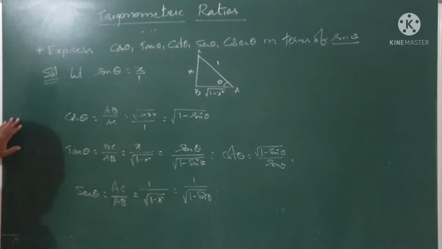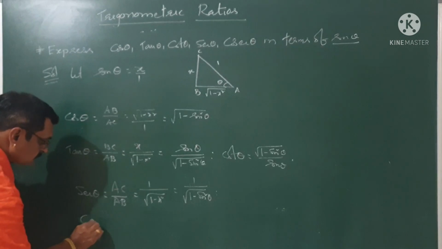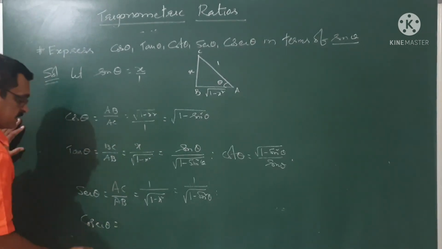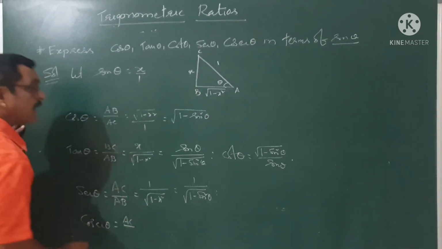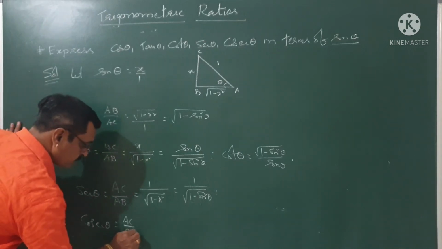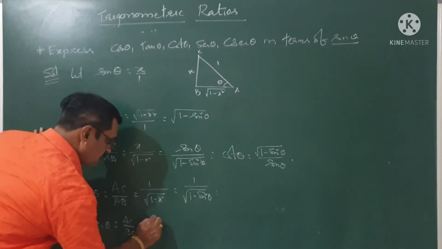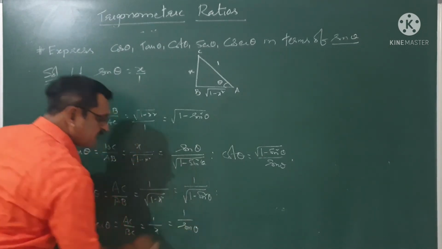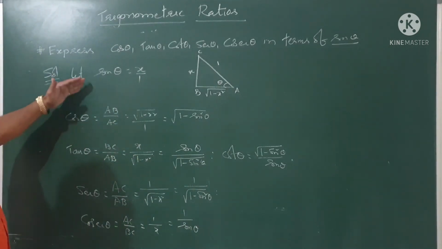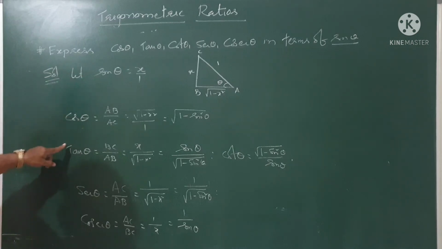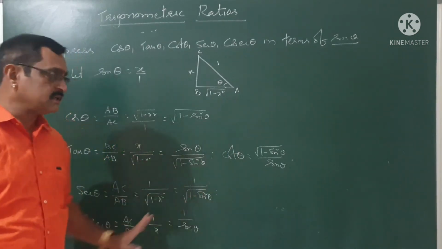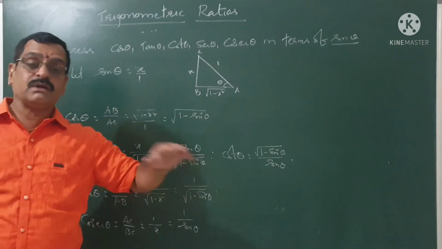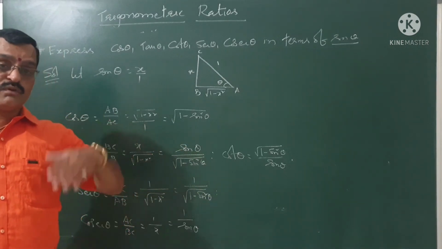Then finally we have cosecant theta. Cosecant theta is AC by BC, which is nothing but 1 by x, or 1 by sin theta. See, we could express all the remaining five ratios in terms of sin theta.